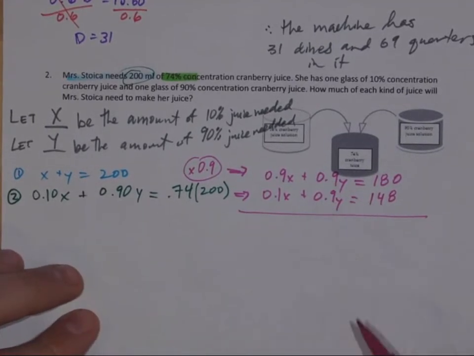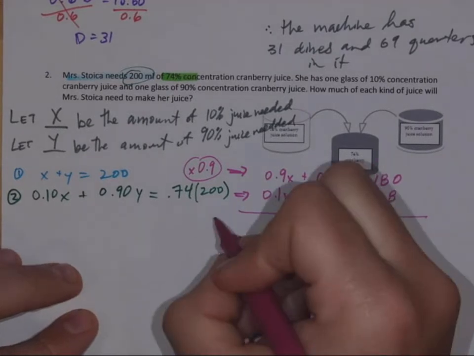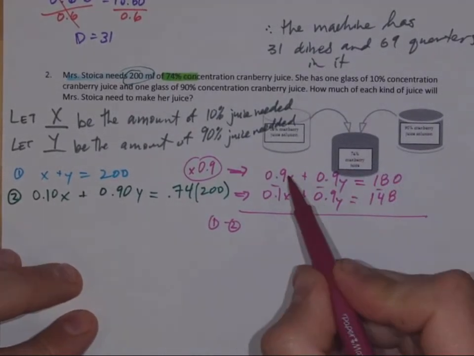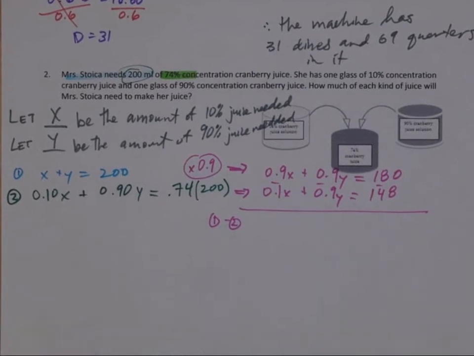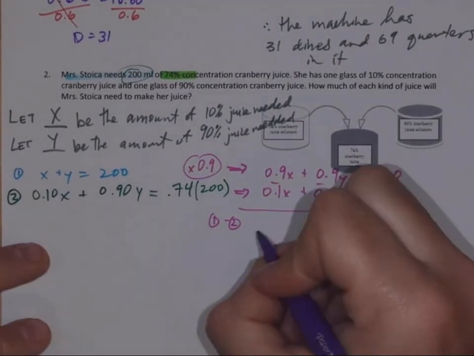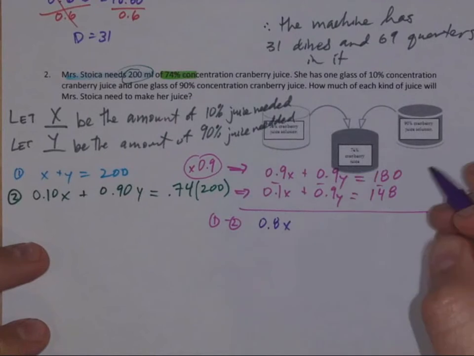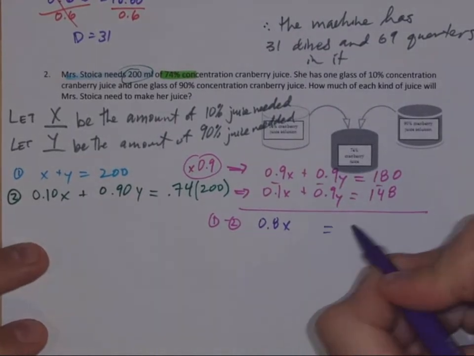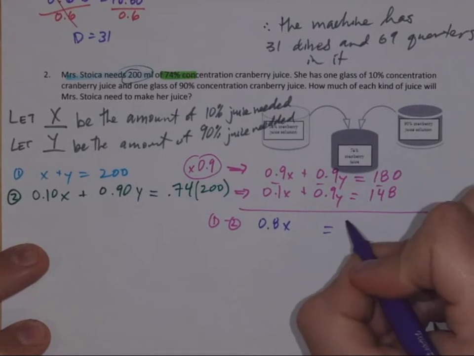Same coefficient for the Y, same sign, so we're going to subtract. 0.9 take away 0.1, 0.8. 0.9y take away 0.9y, 0. 180 take away 148.